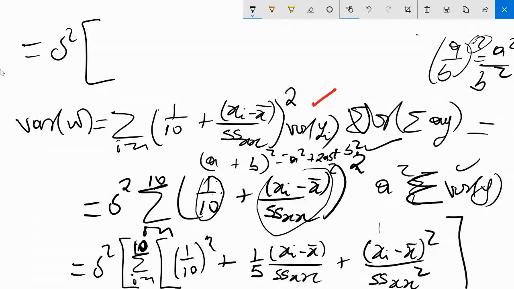So now we are bringing in the summation. We sum the constant 10 times. It's going to be 10 multiplied by the constant. So that 10 is going to cancel 1 there, and we'll be left with 1 over 10. Is that one clear?